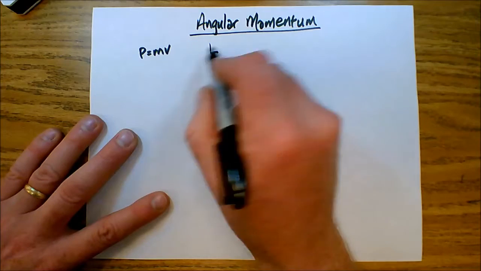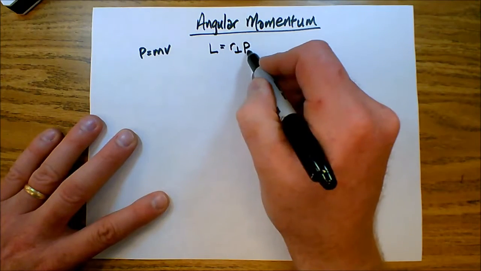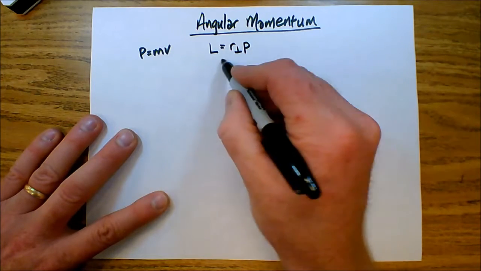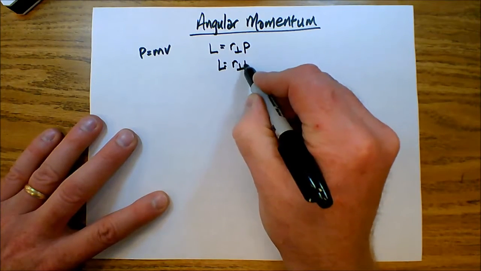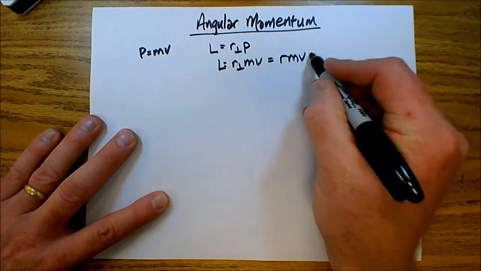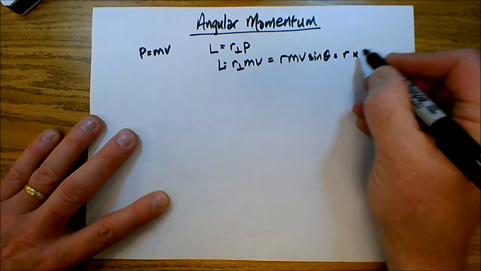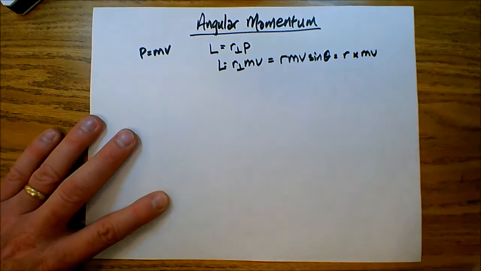And we can find the angular momentum by taking r perpendicular times the linear momentum. Or in other words, r perpendicular times mv, which is the same as saying r mv sine of theta, or r cross mv, r cross p.